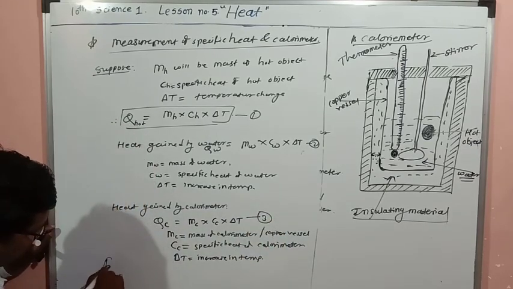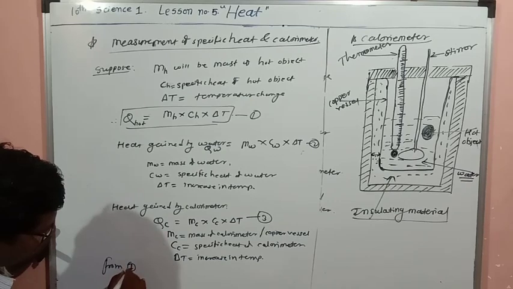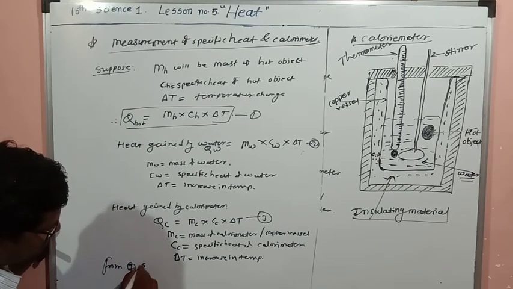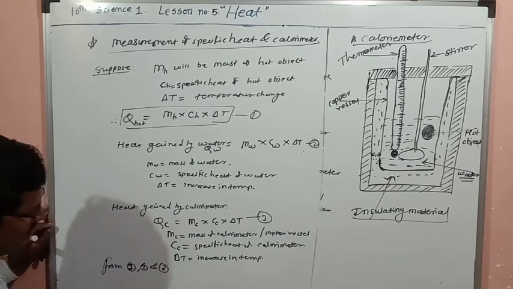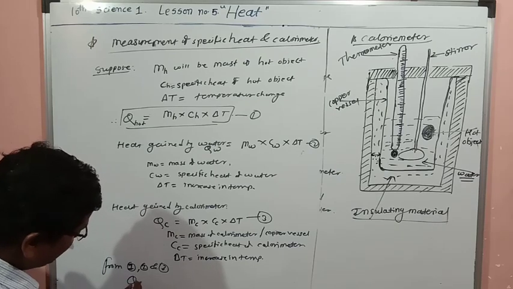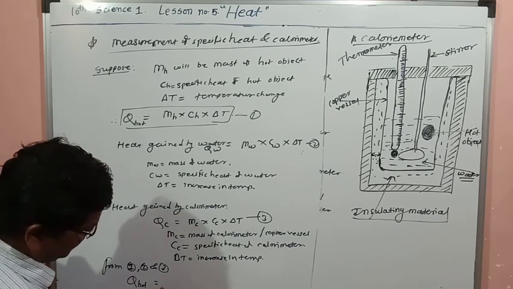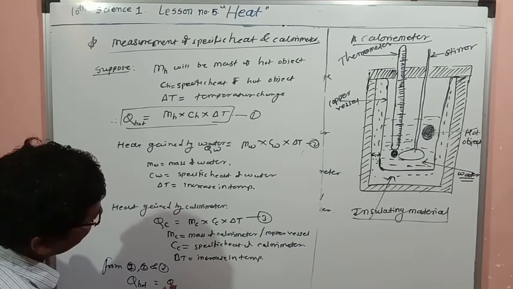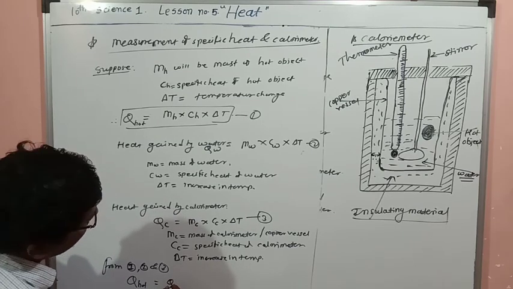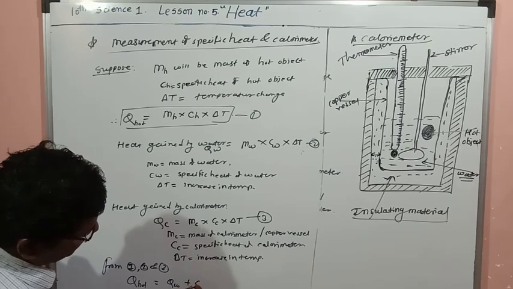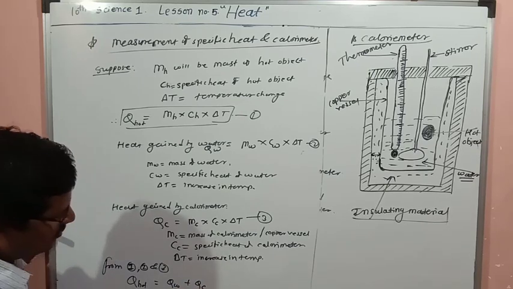So from 1, 2 and 3, what can you write? Q hot is equal to Q W, water, plus Q C, calorimeter.